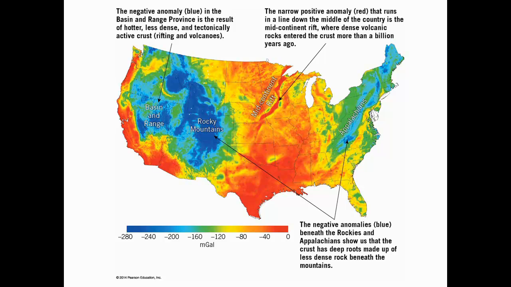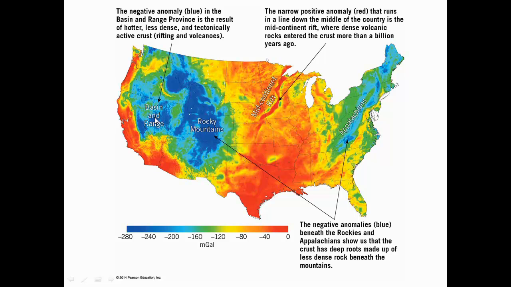So here we have a map of the United States, and all these different color regions are deviations from average of the gravity reading. So in areas color-coded blues and greens, the gravity readings are quite a bit more negative than the gravity readings that are color-coded reds and oranges.